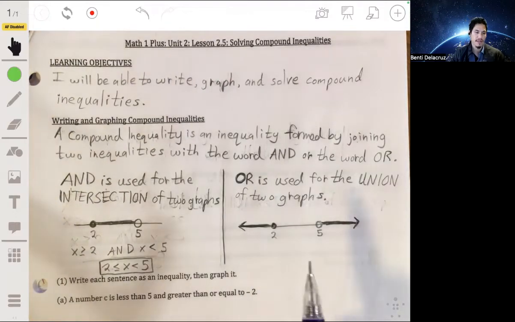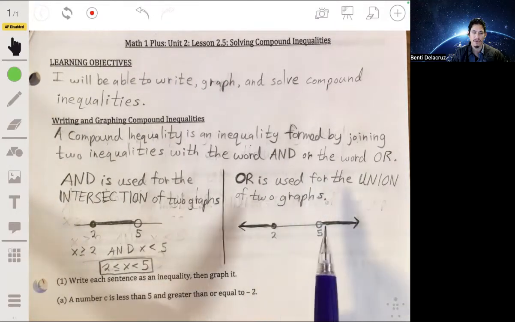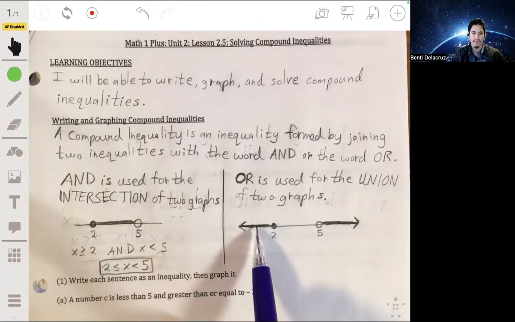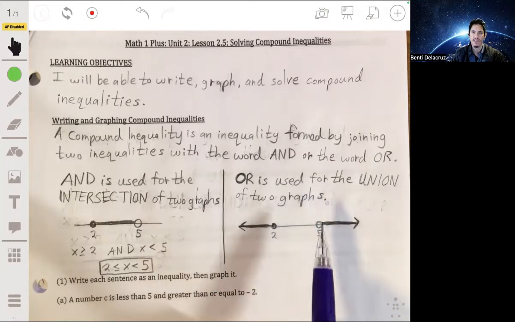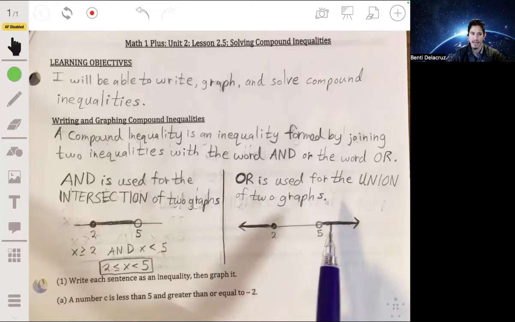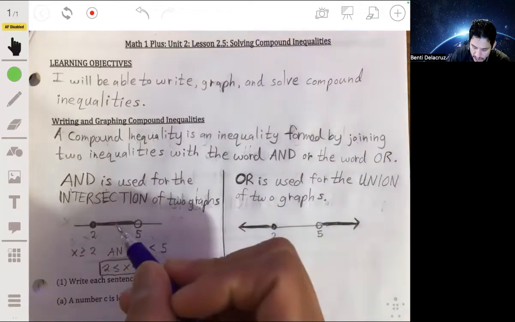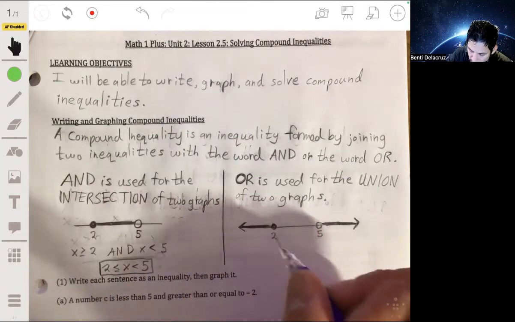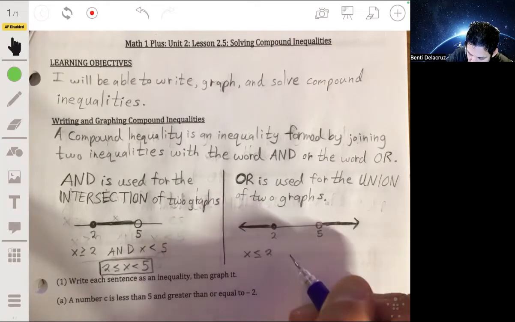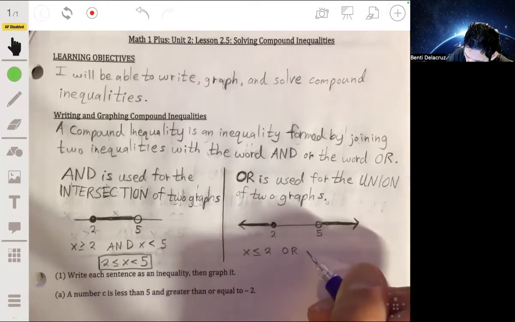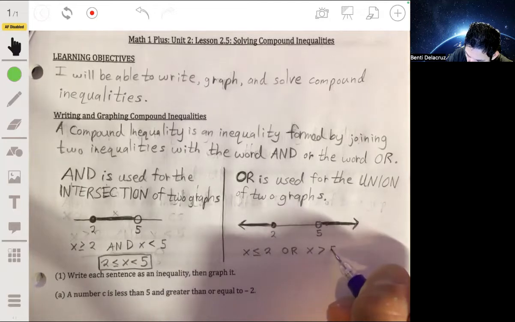So you see, you can't have a solution that works for both of them. The number is either going to fall in here or it's going to fall in here. It can't satisfy both inequalities at the same time. This one, a number can, because x can be any number in here. So what you would write is that x is less than or equal to 2 or x is more than 5.